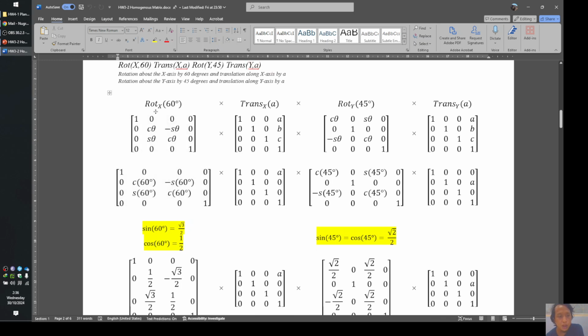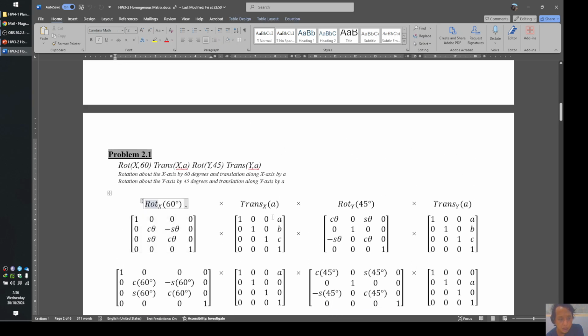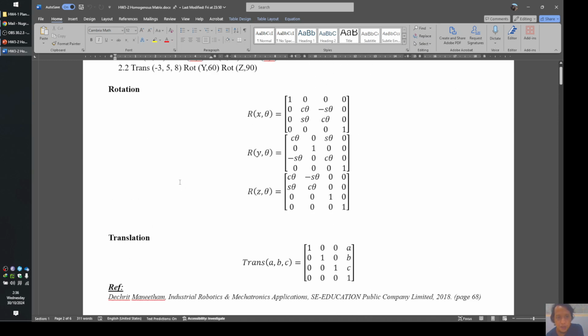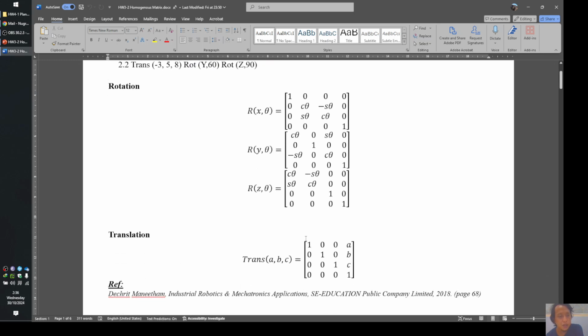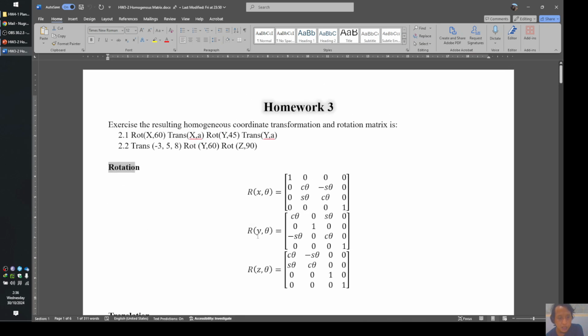Before we take a deep dive into the solution of the problem, we need to understand this first. For rotation about the x-axis, we will use this template.